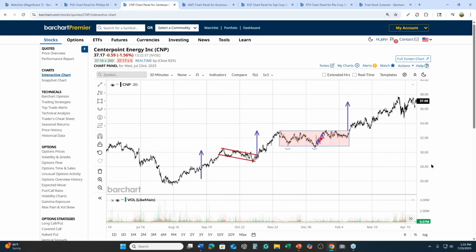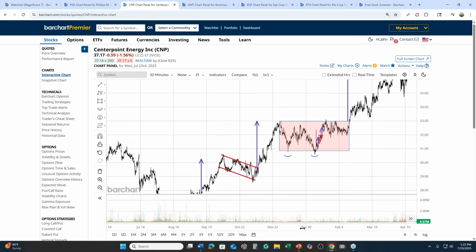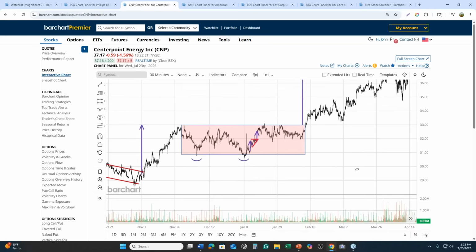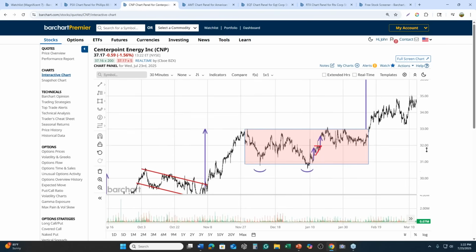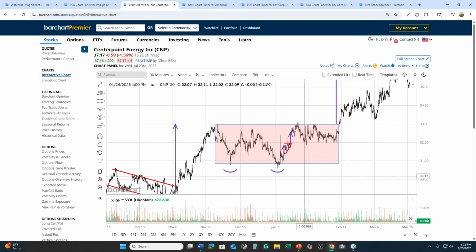So I want to talk about this triangle here. This is not one of the patterns that I'm featuring today, but I thought this would be a great time to give you a little bonus coverage: in these correction periods, we can start seeing another type of fractal, in other words, patterns inside of a pattern that support our thesis, in this case, our uptrend.